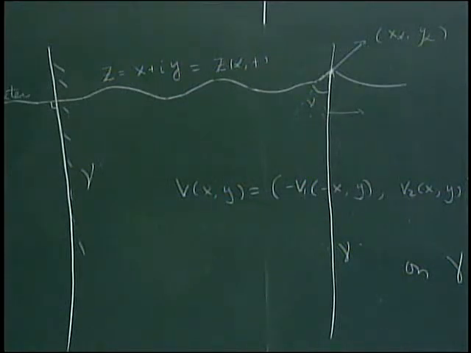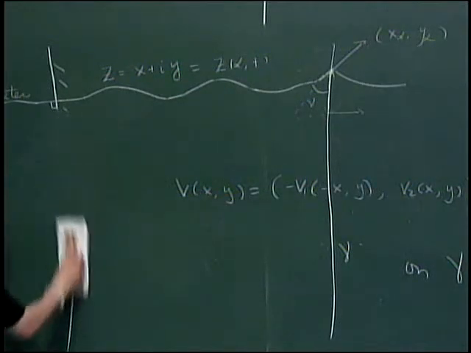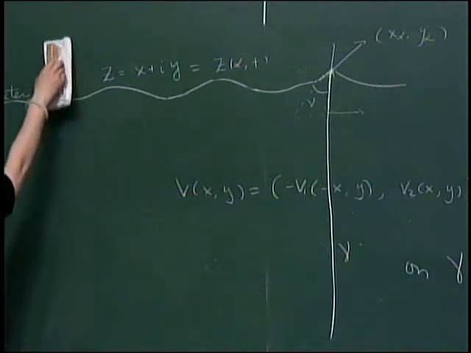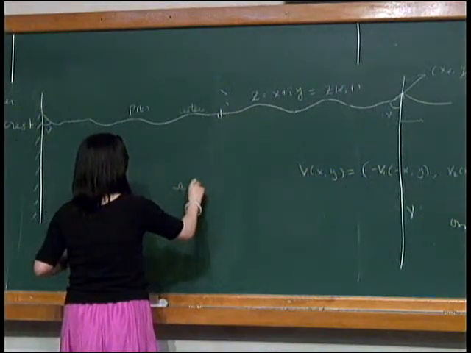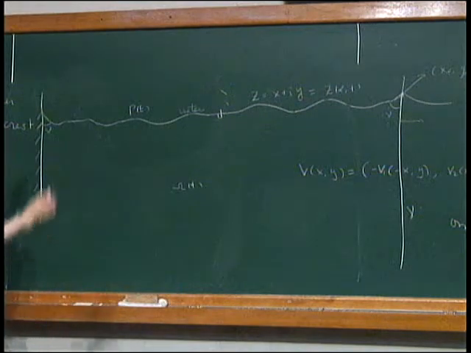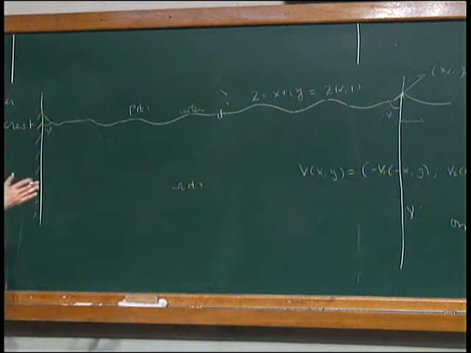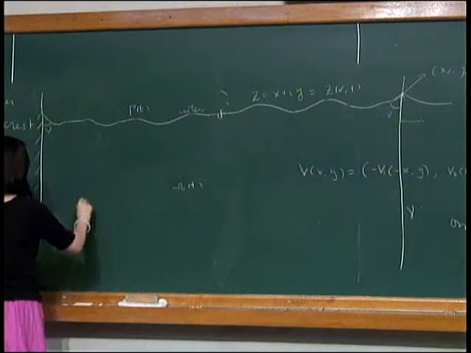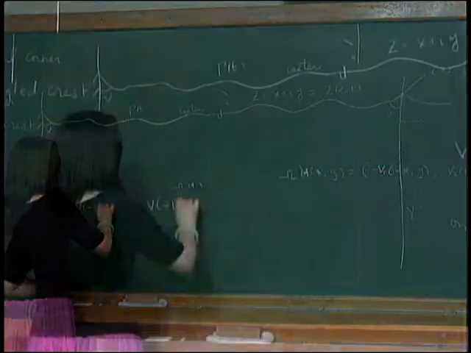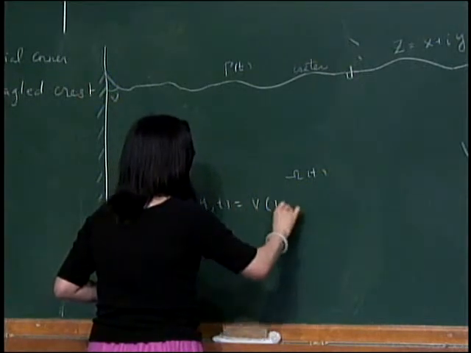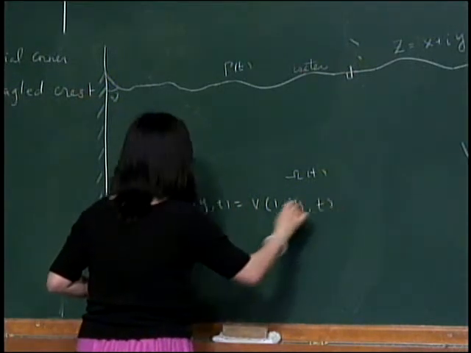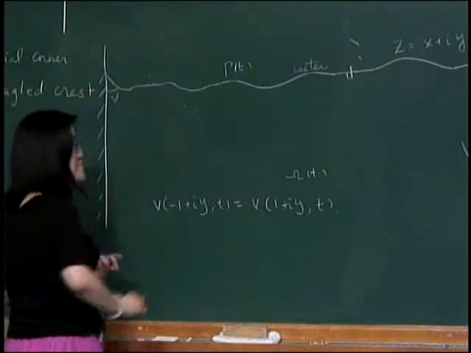So the walls just disappear, because we look at the reflected domain. In this symmetric domain, the velocity is up and down simultaneously. So we know that V(-1+iy) is always V(1+iy). So the velocity field is periodic.